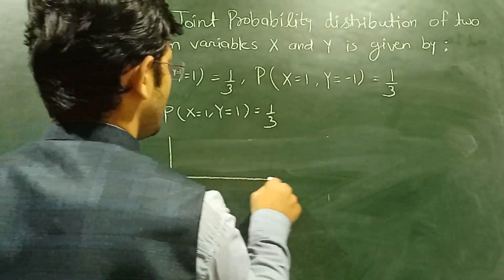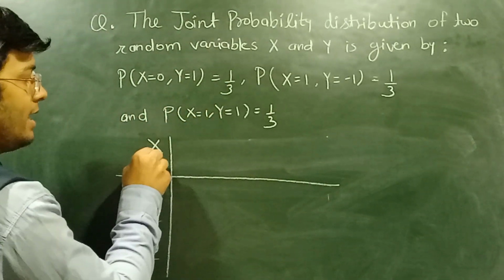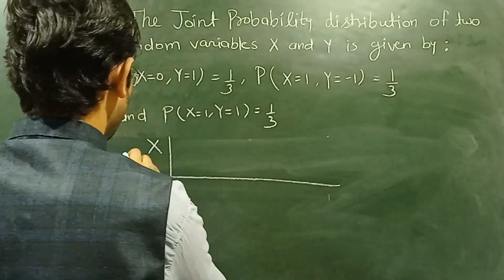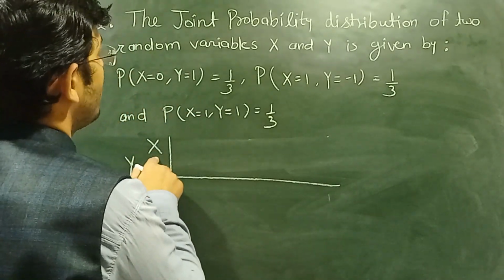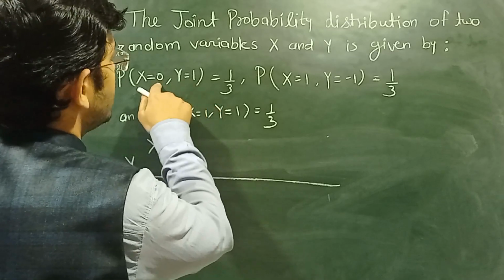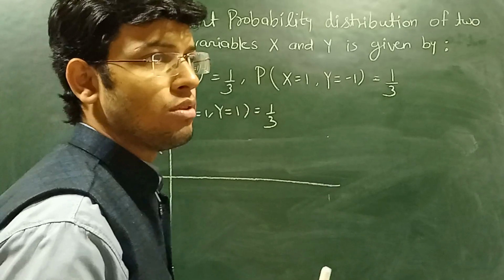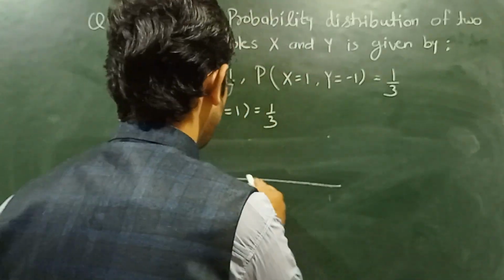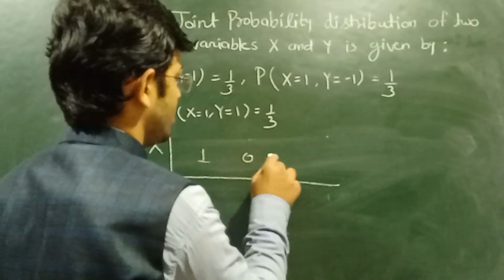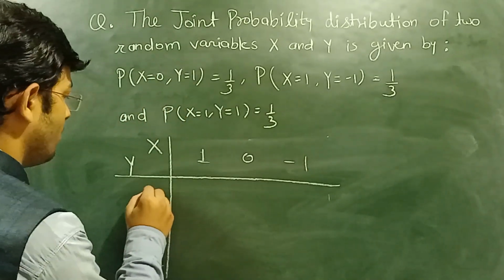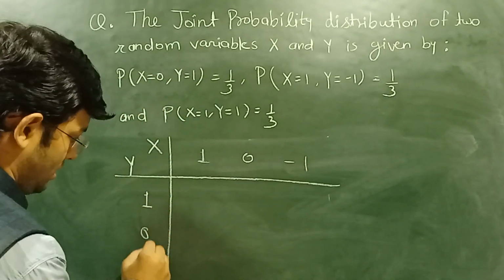Firstly we have to write the values of x and y. X takes the values 0, 1 and minus 1, and so does y. So firstly we write 1, 0, minus 1 and 1, 0, minus 1.